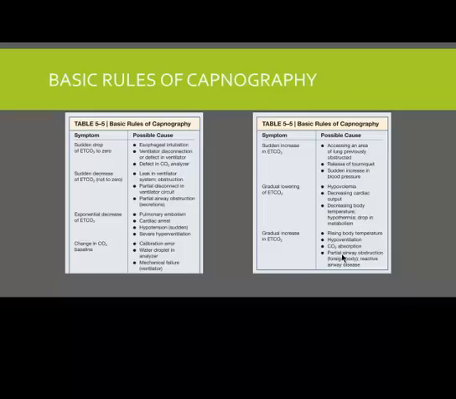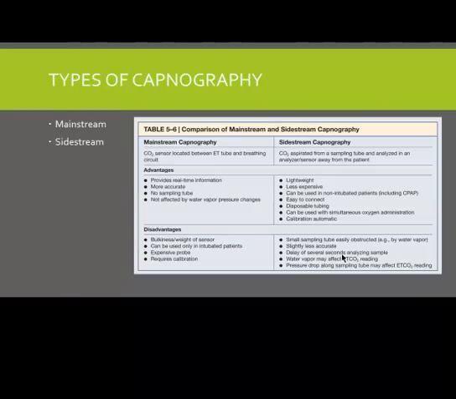Gradual lowering of end-tidal CO2. And again, what we see here as opposed to here, these are going to be sudden drops and sudden increases. But gradual lowering means hypovolemia, decrease in cardiac output, cardiogenic shock, and gradual increases in CO2 mean hypoventilation, CO2 absorption, things like that, all right?